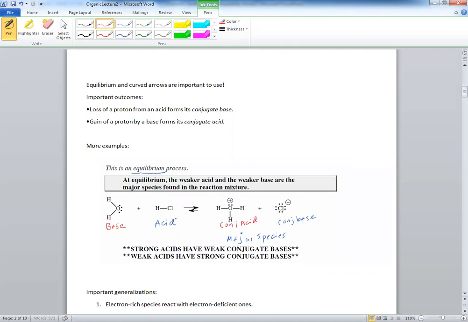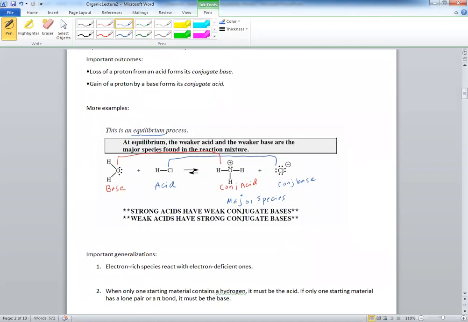So we know what goes together. So these would go together. And of course, these, the HCl and the chloride ion, would go together. So these are the conjugate pairs.